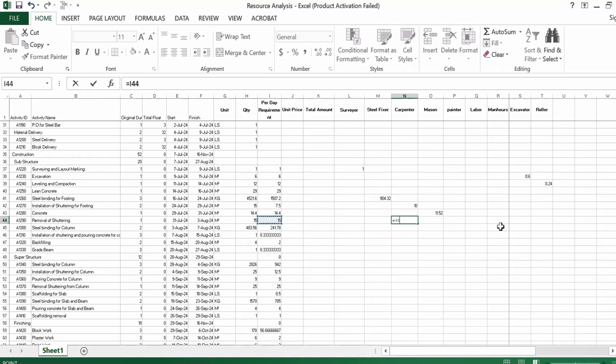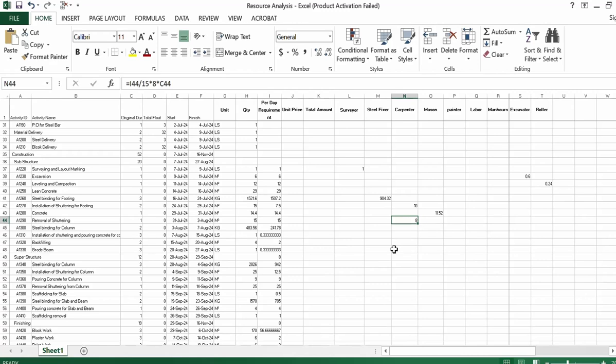So we will divide by 15, then multiply by 8, so we can get the total number of man hours for this activity, and we will multiply it by the duration. So we need a total of 8 hours to complete this activity.